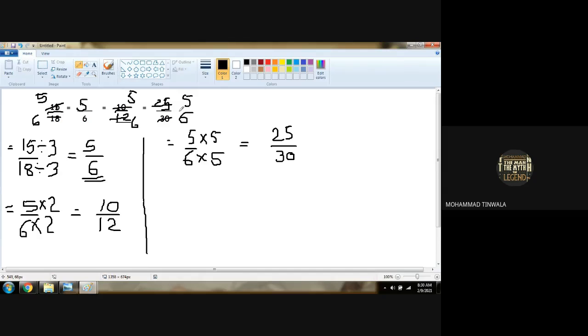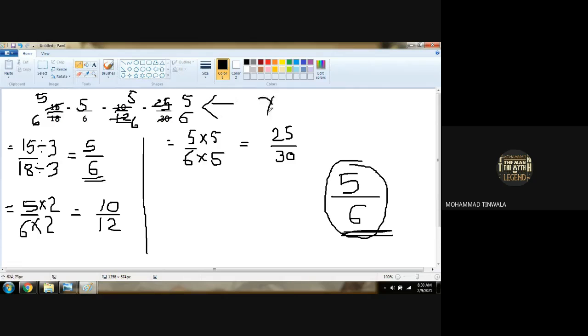You got 5 upon 6 in this also. So all the fractions have the lowest term 5 upon 6, which means all the ratios are equivalent. So your answer should be yes. All the ratios are equivalent ratios. Is that clear?